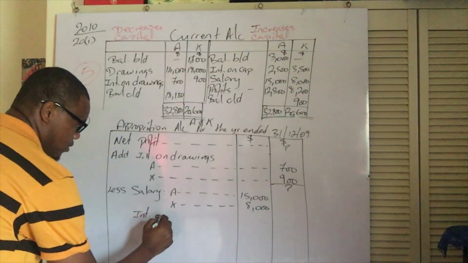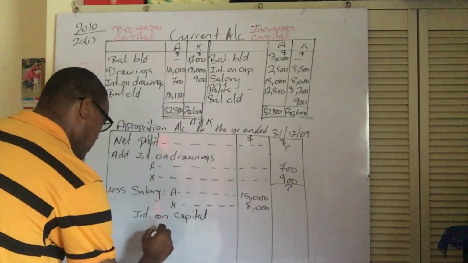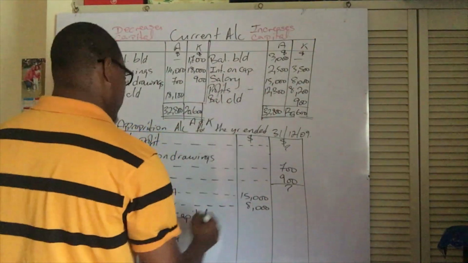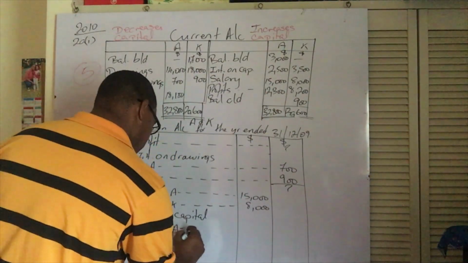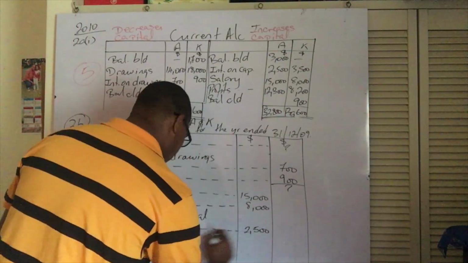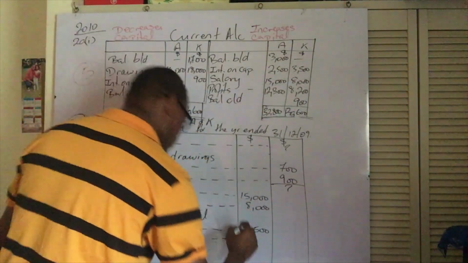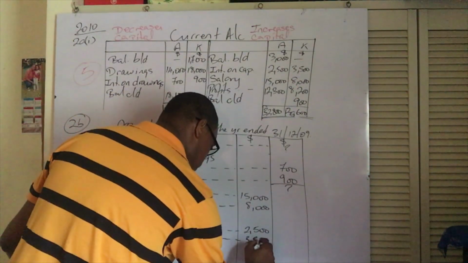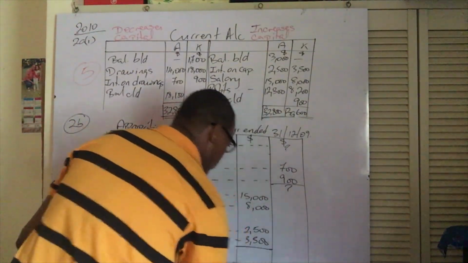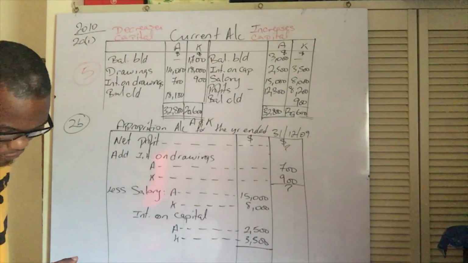Interest on capital, right? Angel, Carissa. So interest on capital for Angel is 2,500. And for Carissa, it is 3,500. All right. So we can add up all of these things now. Add up all of them, we get 29,000.